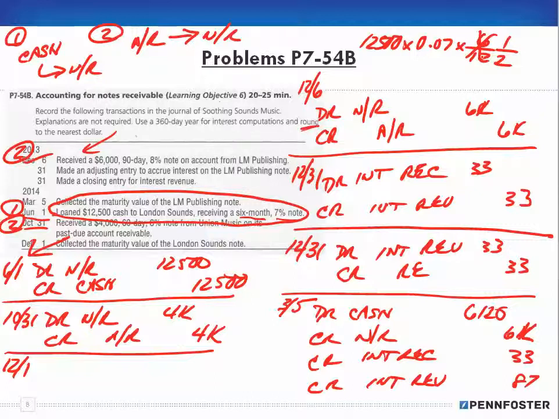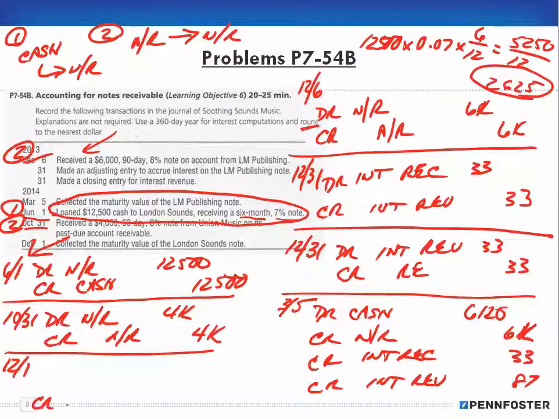So I have 12,500 times 0.07 times 6 is 5250. Divide that by 12, which gives me 2625. So I'm going to credit my interest revenue for 2625.